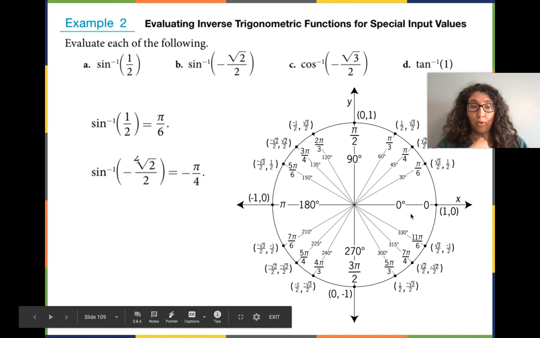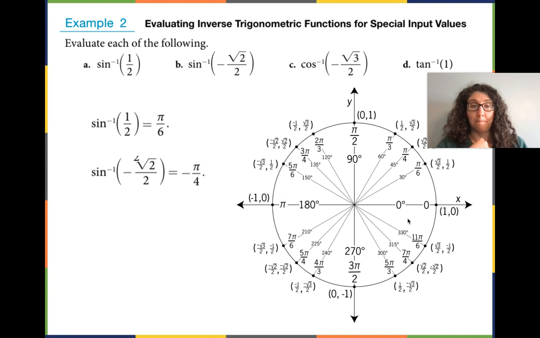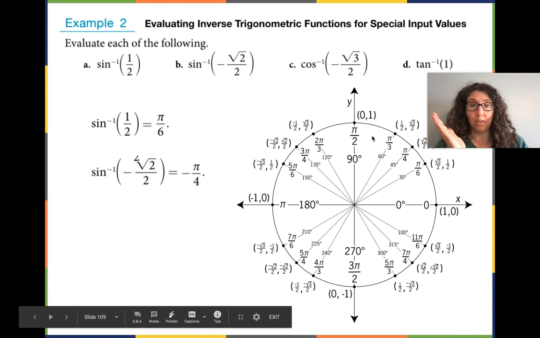We're actually going to refer to this as negative pi fourths, because we're going from negative pi halves to pi halves. So between negative pi halves and pi halves, the way we would refer to that angle is negative pi fourths.